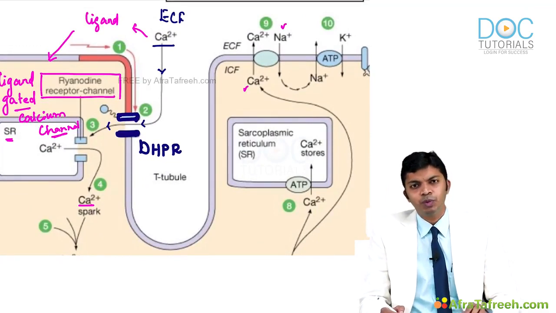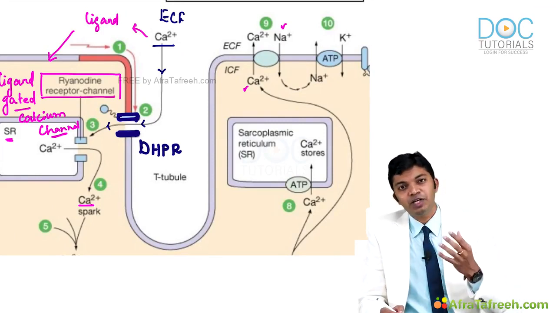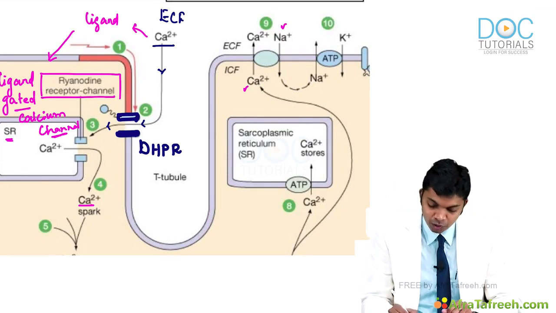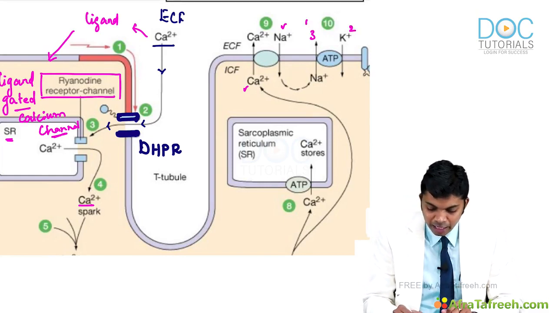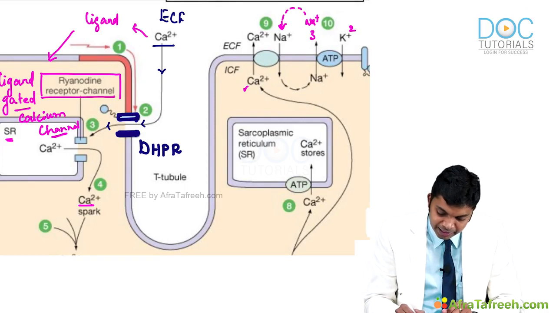As you know, secondary active transport is extremely dependent on the functioning of the primary active transporter, which is sodium potassium ATPase. So there will be pumping out of 3 sodium in exchange for 2 potassium into the cell. As 3 sodium gets out, that sodium gradient is used for taking sodium inside the cell.